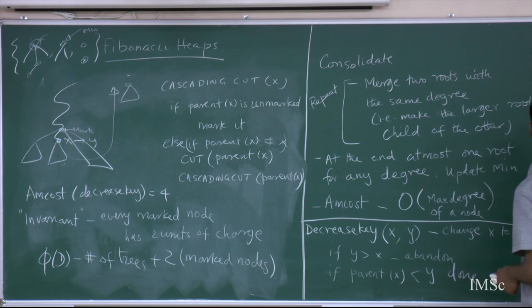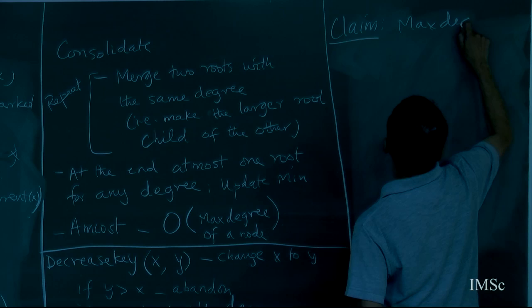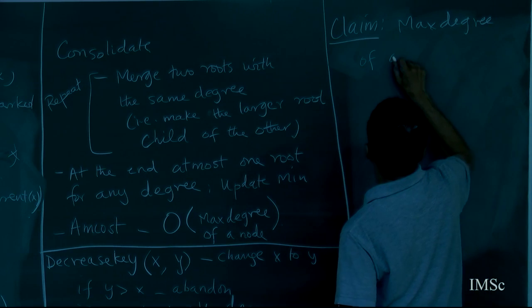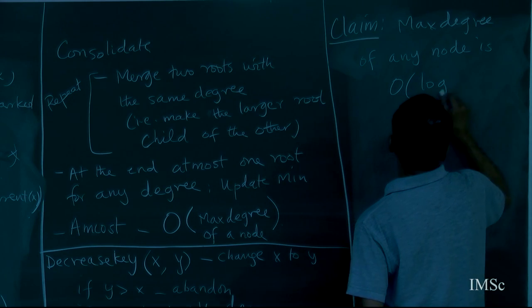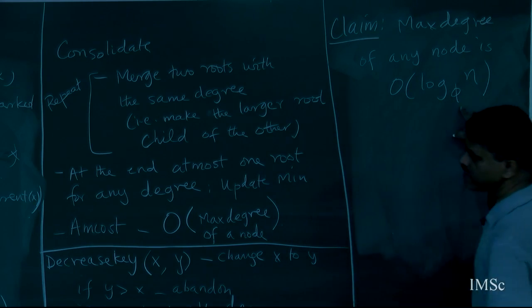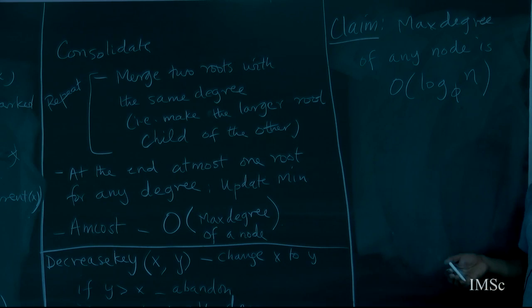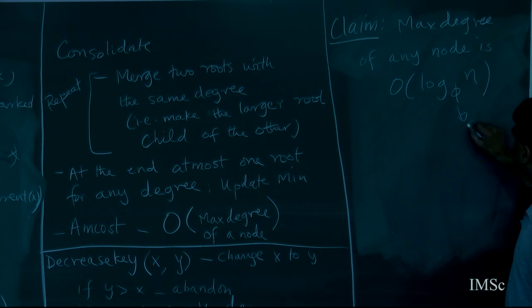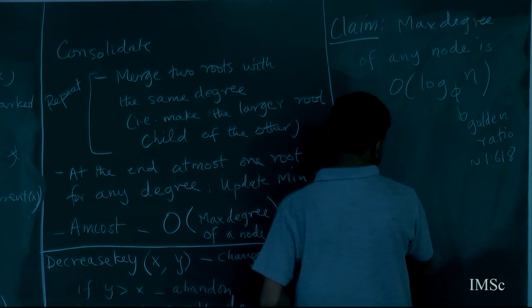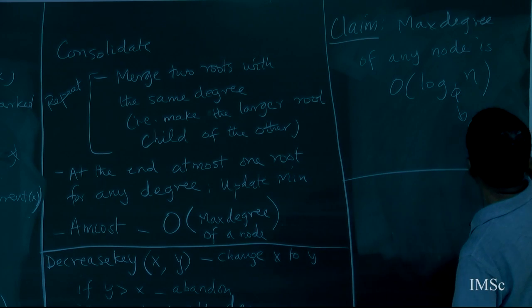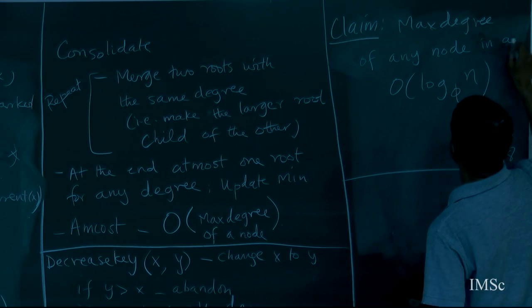So the claim: the max degree of any node, more precisely, is log n to the base phi, where phi is the golden ratio, which is roughly 1.61, for any node in a tree on n nodes.